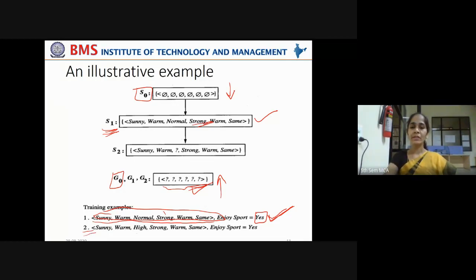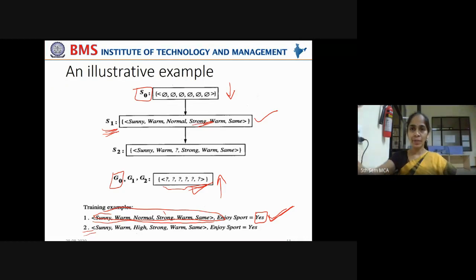Observe what is given. Sunny, it is the same as S1, leave it. Warm, it is the same as S1, leave it. Now next is high. High means another example for that attribute is encountered. So you have to make your algorithm more general.